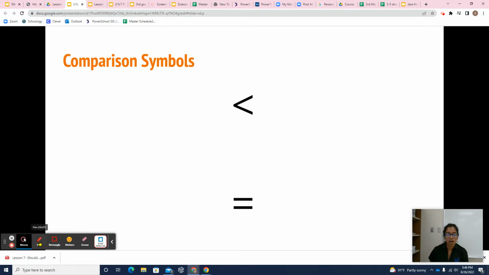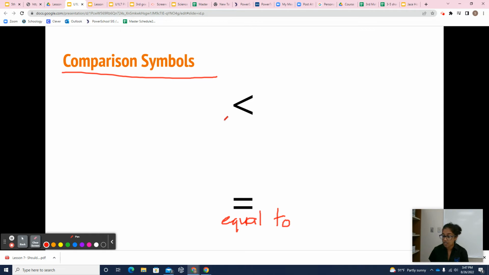Now let's get into what our comparison symbols are. Comparison symbols can be this symbol right over here and this symbol right over here. This symbol down here is equal to. And this symbol over here is either greater than or less than, depending on how it's written.